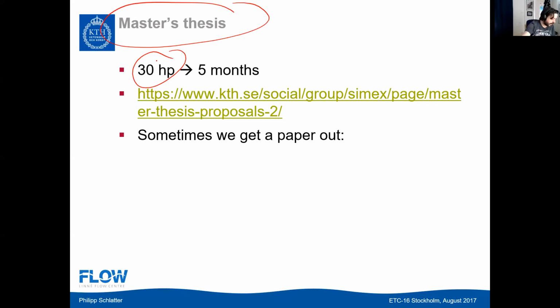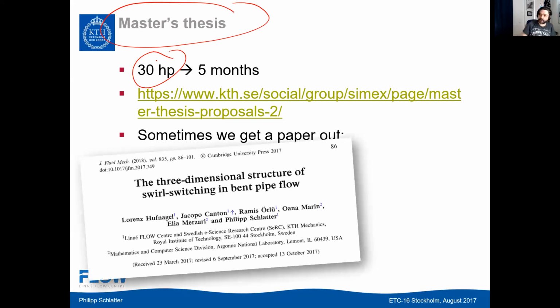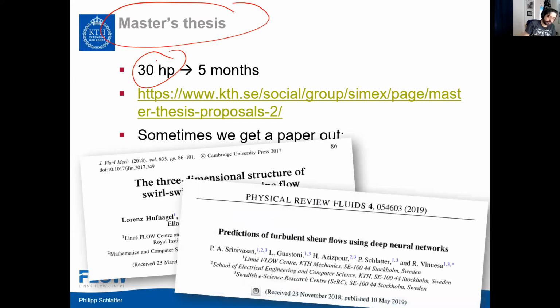And sometimes we can manage to get journal papers out of the master thesis. I'm just having here two examples of papers that we could publish based on a master thesis. In this case, it was Lawrence, and in this case, it was Prem Srinivasan who could do a nice journal publication.